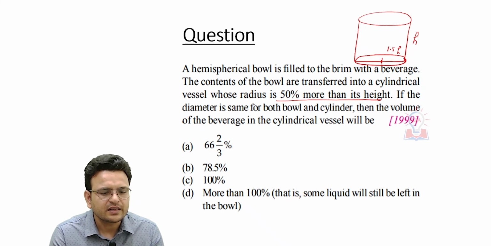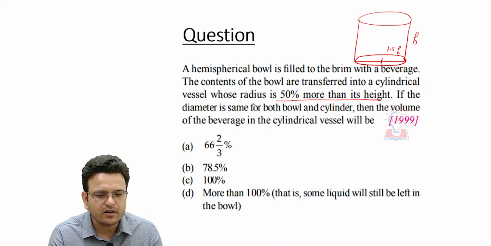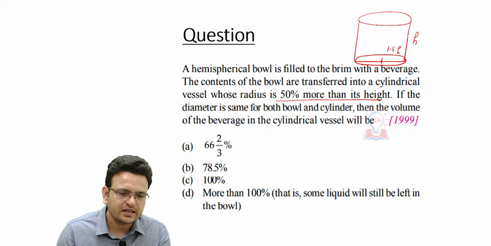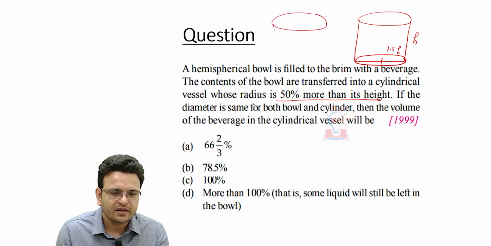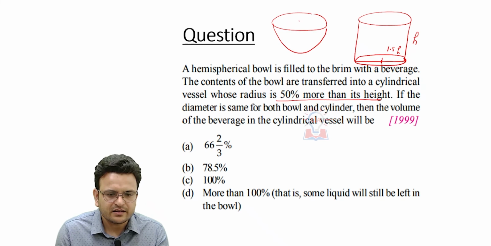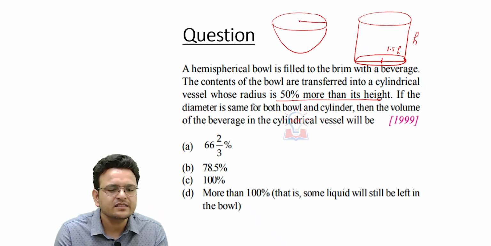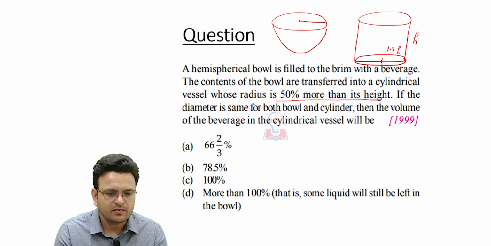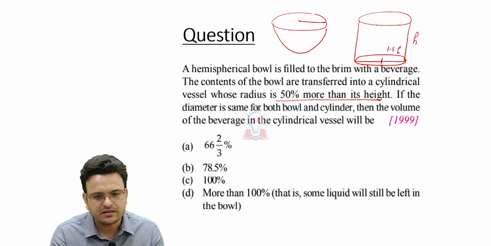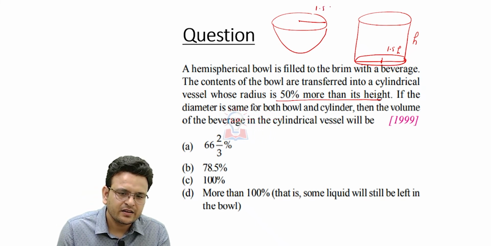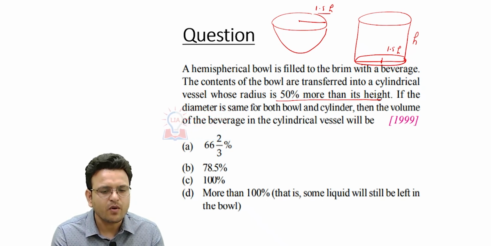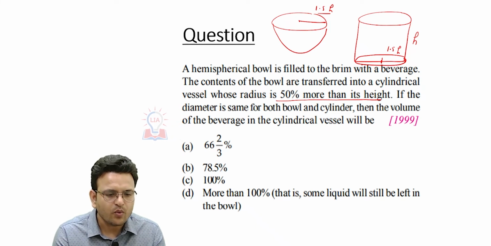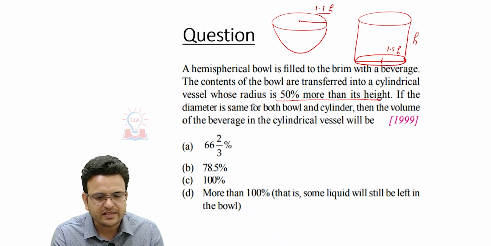If the diameter is the same for both ball and cylinder, so we have a hemisphere like that, and the radius of the ball will be 1.5 h. Clear? Now, if the diameter is the same for both ball and the cylinder, then volume of beverage in the cylinder vessel will be.